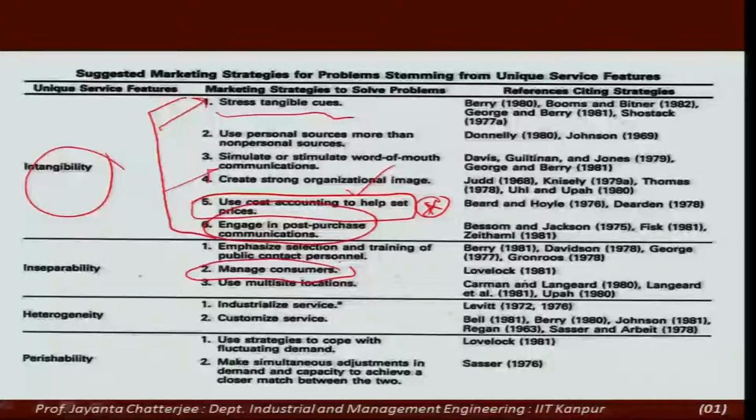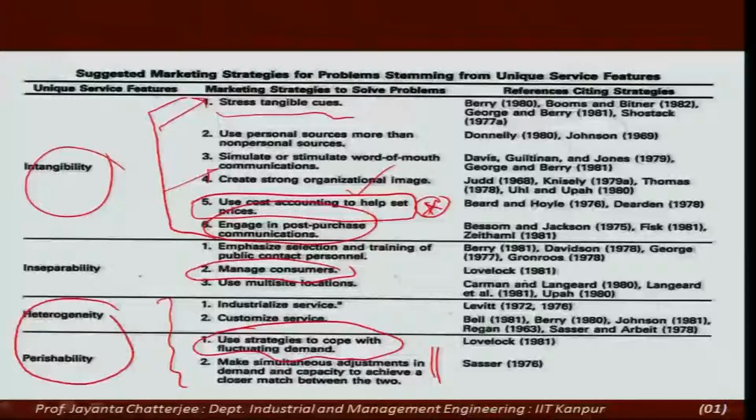And I think in the last session we discussed how we can tackle heterogeneity and perishability by using strategies to cope with fluctuating demand. We need to adjust demand and capacity, or rather both-side balancing management, to tackle this heterogeneity and perishability.